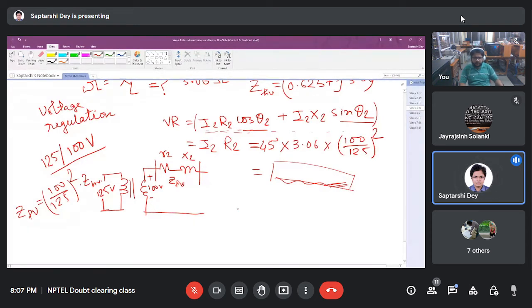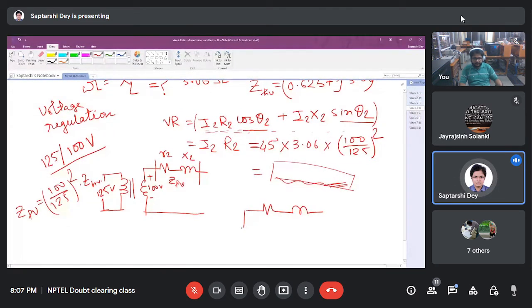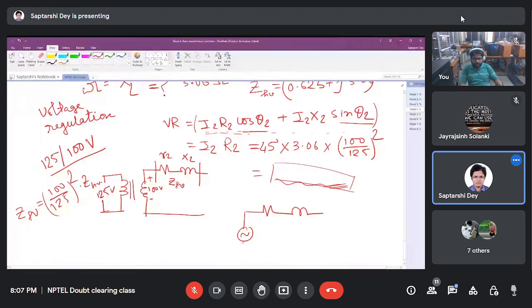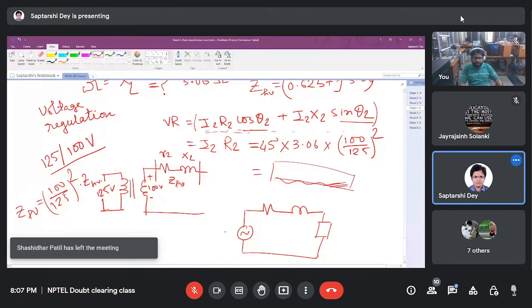Right. So I have the simplified AC circuit, which has 100 volt here.